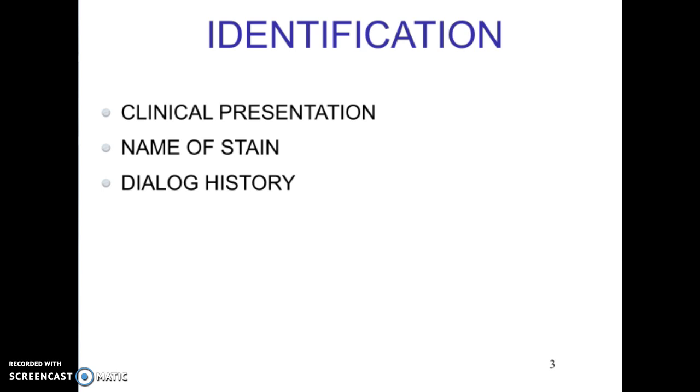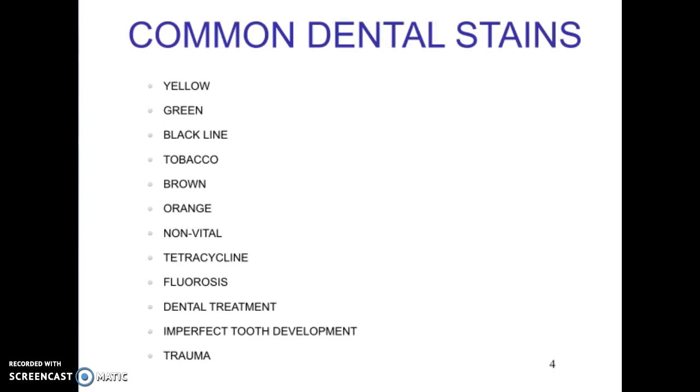And while we cannot diagnose as dental assistants, I believe that's true in any state, especially in California, we need to be able to identify them. So asking the patient about their dental history can help us determine the type of stain that the patient has. Here are the names of some very common dental stains.